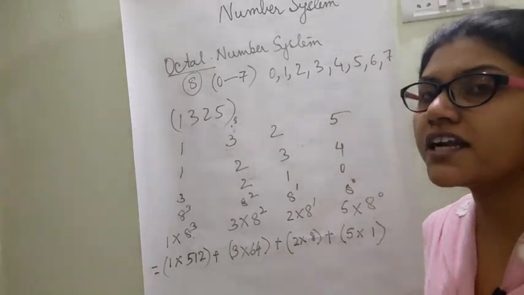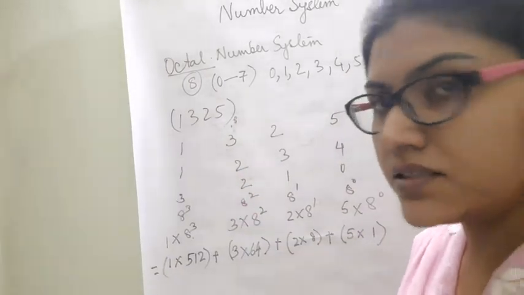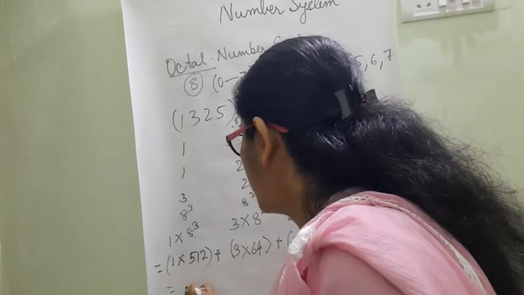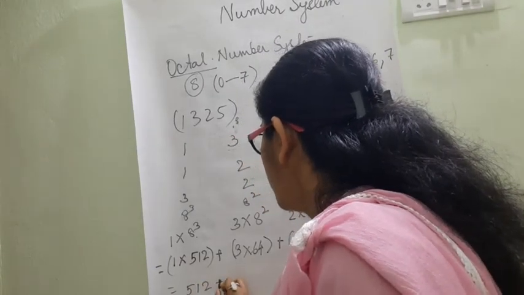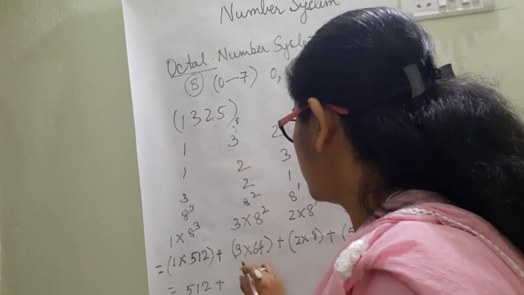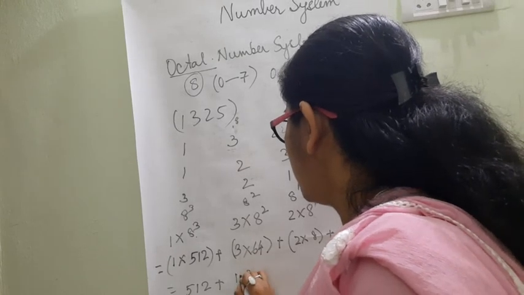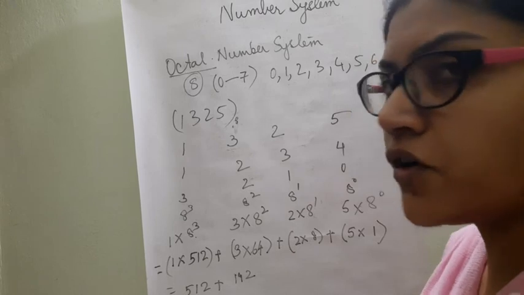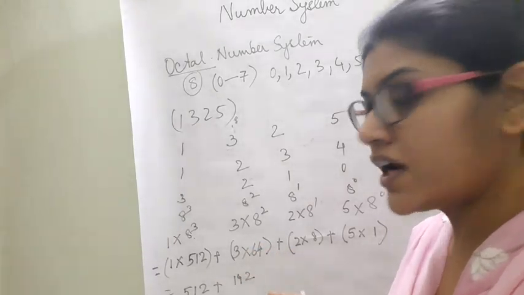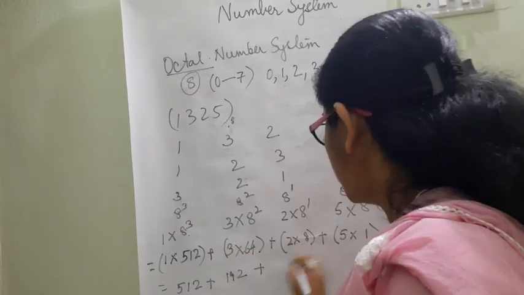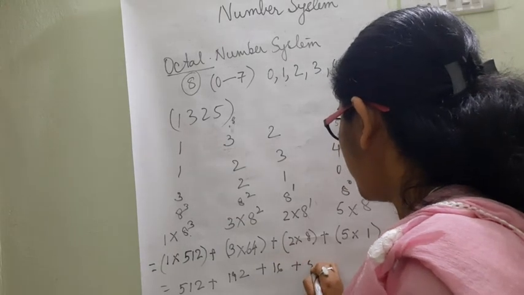I have already told that power 0 means value 1. Now 512 plus 192, 3 into 64 is 192, plus 16 plus 5.